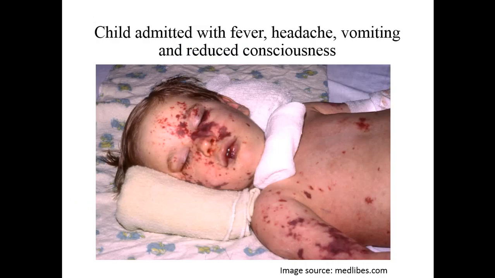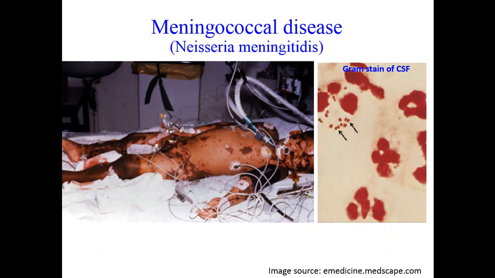Do we have any other mechanism? Yes. This is a picture of a child who has been admitted to the emergency department with fever, headache, vomiting, reduced consciousness, and a lot of subcutaneous bleeding. And this is an example of the so-called meningococcal meningitis.